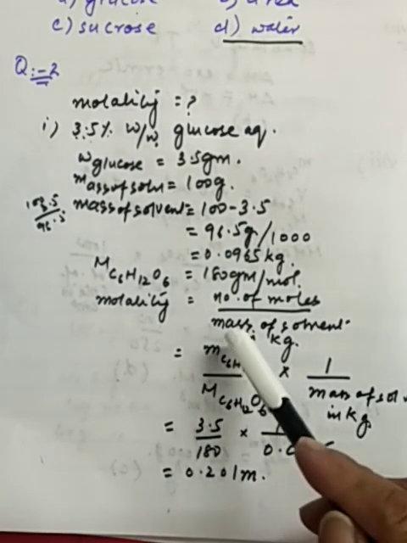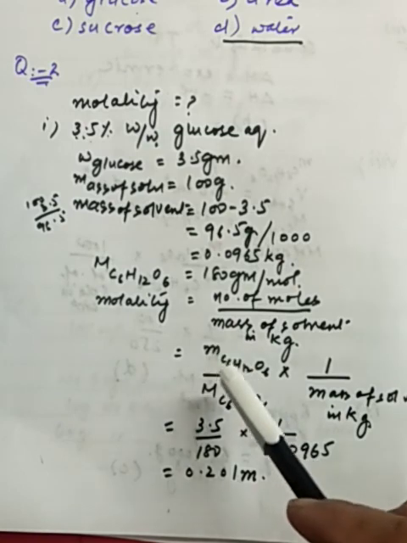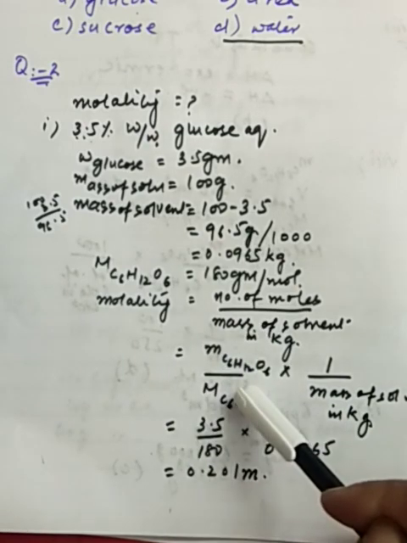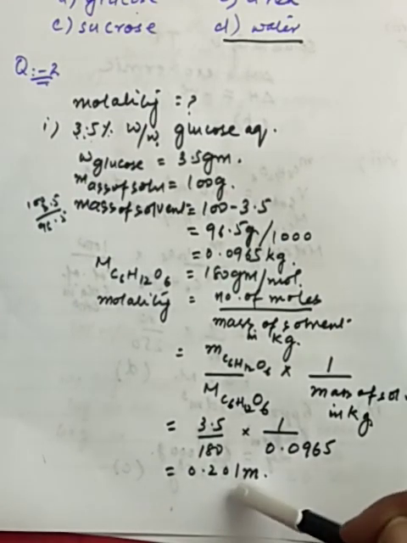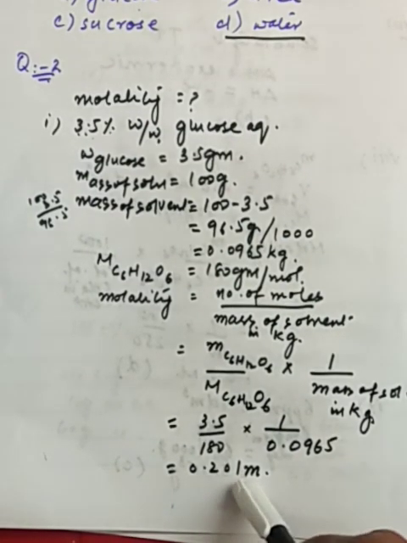By putting in the values, we calculate the molality of glucose. It will be equal to 0.201 molal.